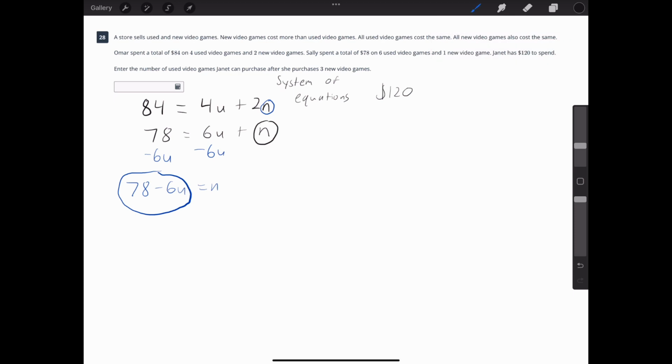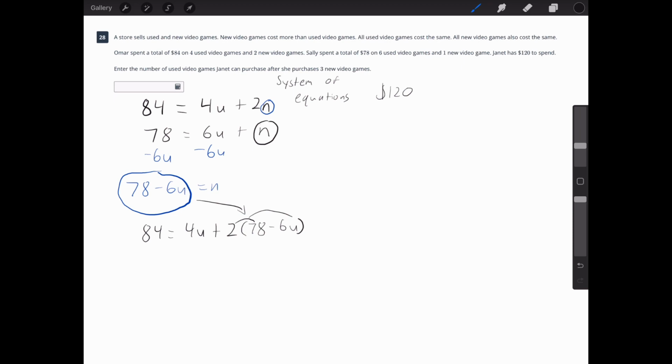Let's rewrite it as 84 equals 4u plus 2, and now I'll have my parentheses. And this is where this is going to go: 78 minus 6u. Okay? Now my next step, let's distribute.